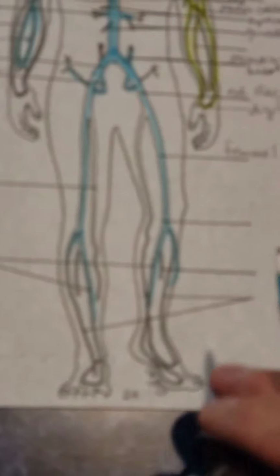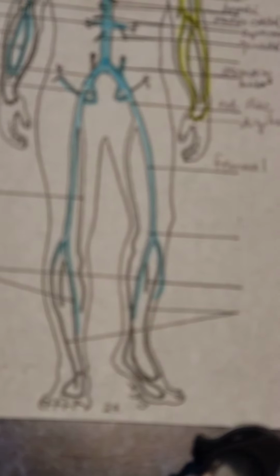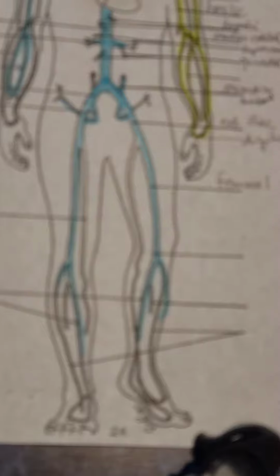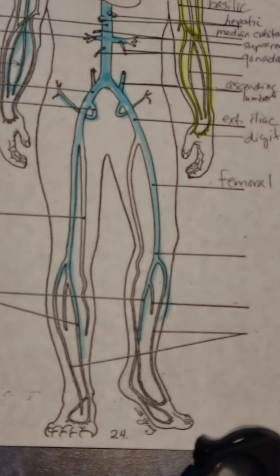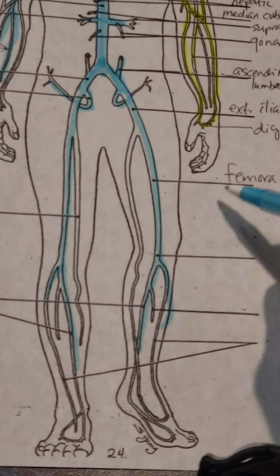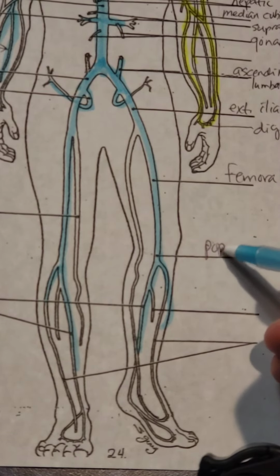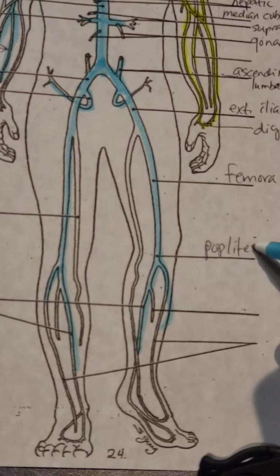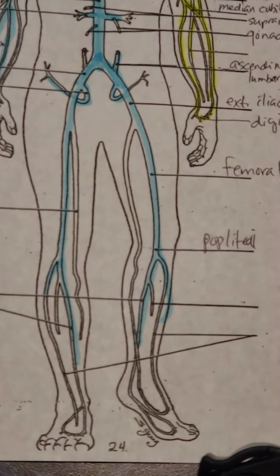Behind our knee, let's move it down a little bit, get it focused again. Behind our knee, we have the popliteal vein.